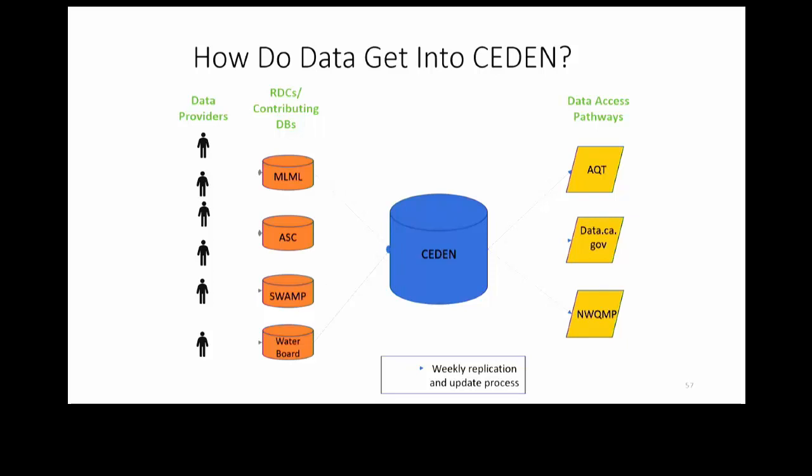Functionally, we do the same thing where we, on a weekly basis, provide a copy of the database that I work with, and then it goes through a weekly replication process. So every week this happens, and the data that's in the main CEDEN, the blue container, the main CEDEN database, gets overwritten or wiped out, and all new data are loaded into the system.